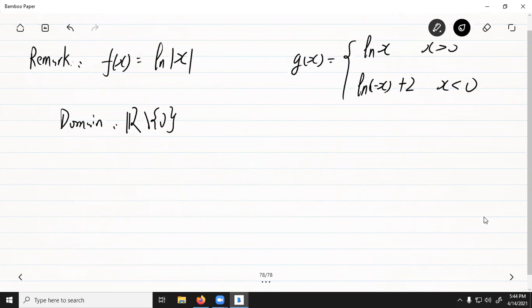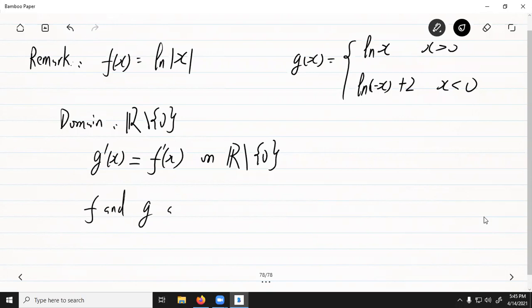And we notice that if we take the derivative, g prime of x is equal to f prime of x on this domain. But these two functions, f and g, are not the same. Of course, they are not the same.